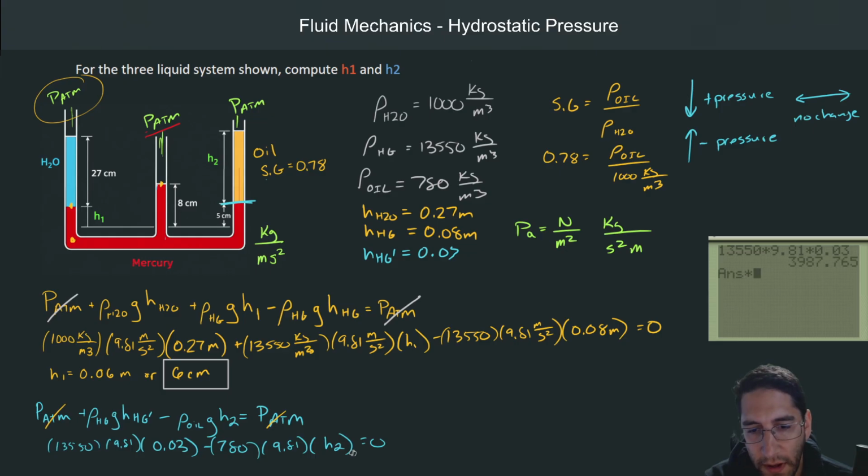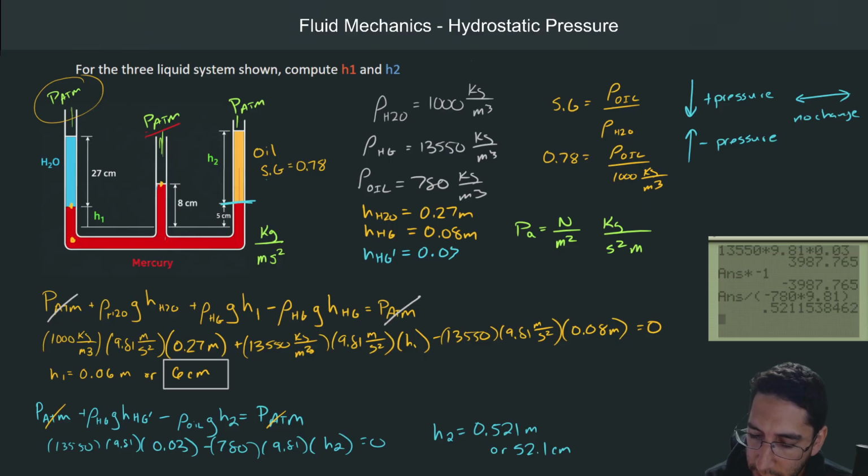We move it to the other side of the equation, then divide by minus 780 times 9.81. And we get that H2 is equal to 0.521 meters or 52.1 centimeters.